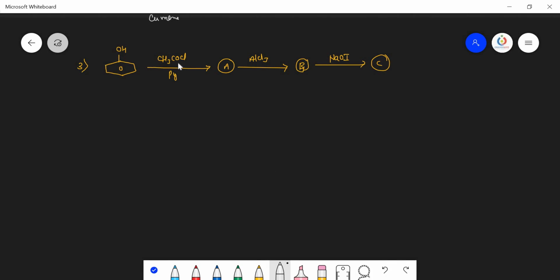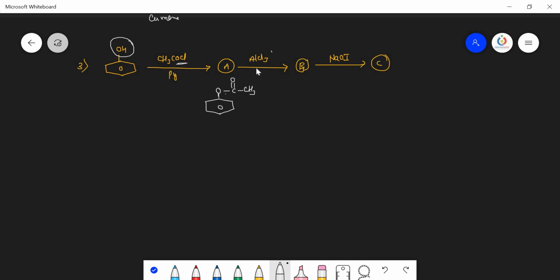First of all, phenol reacts with the acid chloride and gives, this is an OH group, this is an acid. When the alcohol group reacts with the acid, esterification takes place, so we get the ester here: O, C double bond O, CH3. This is phenyl acetate.